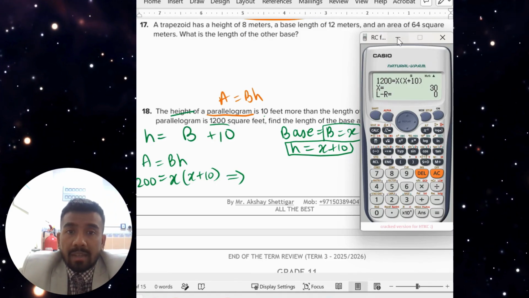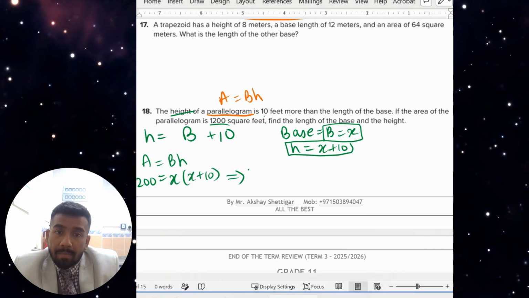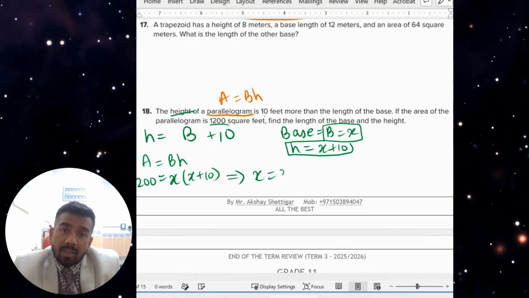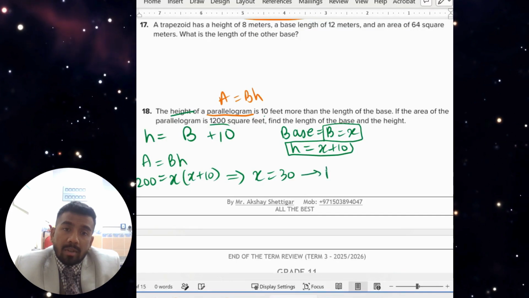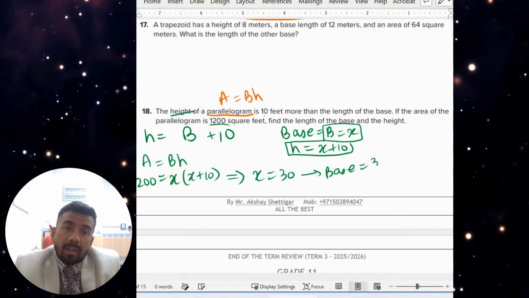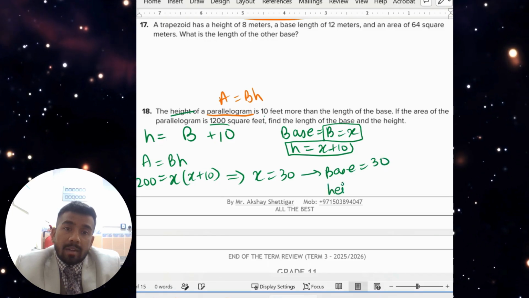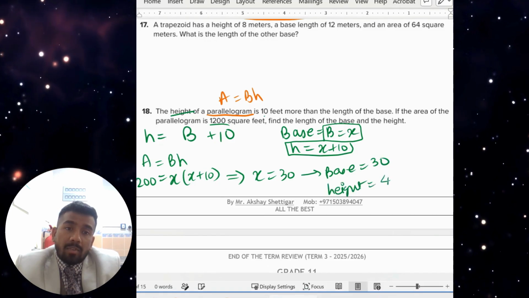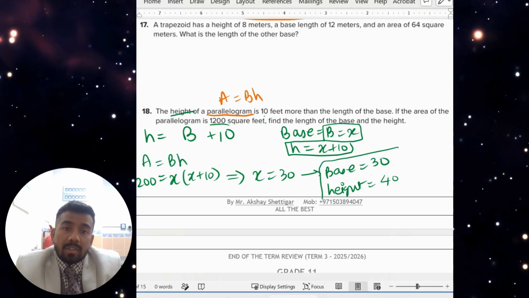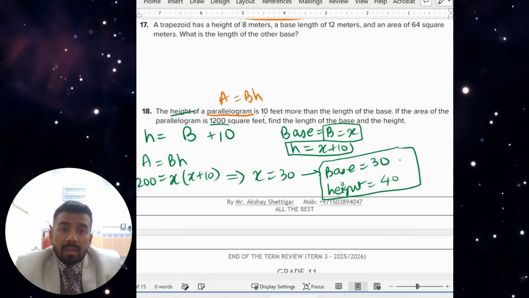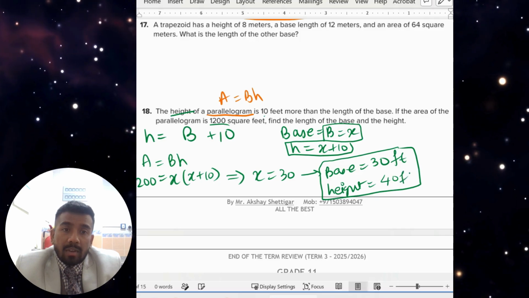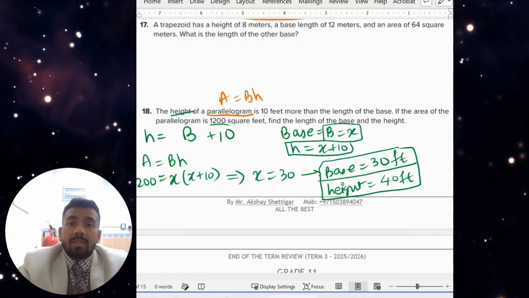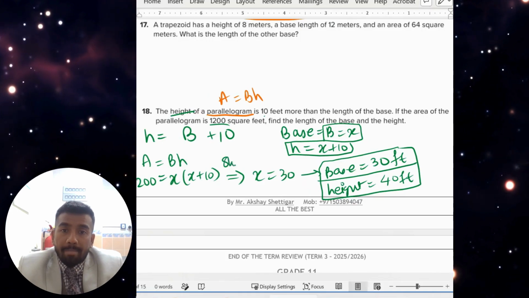So that's your x, that's 30. So your base is 30. What will be your height? 10 more. That will be 40. Okay, so that's your base, that's your height. Understood? Easy. Feet, feet. Okay, so that's how you do it. Easy peasy.